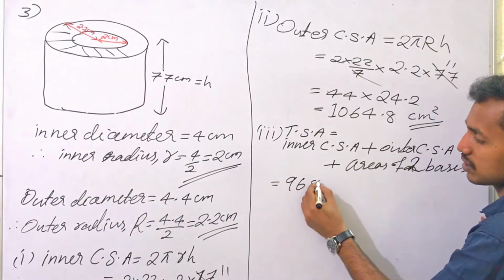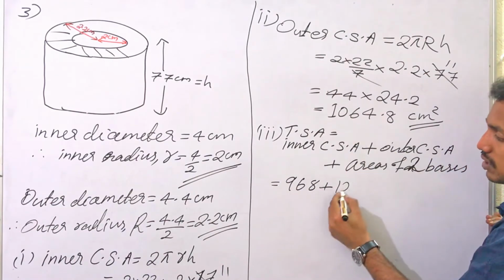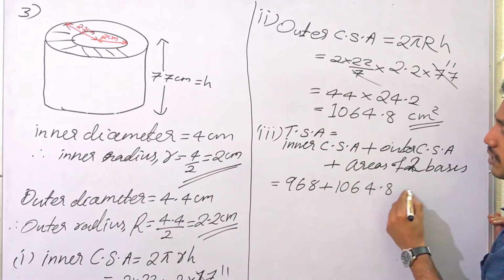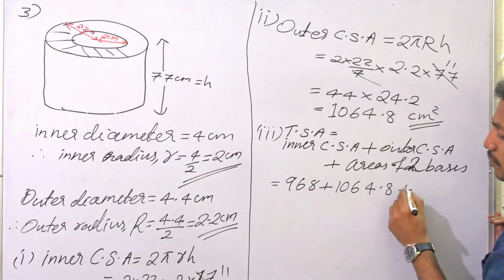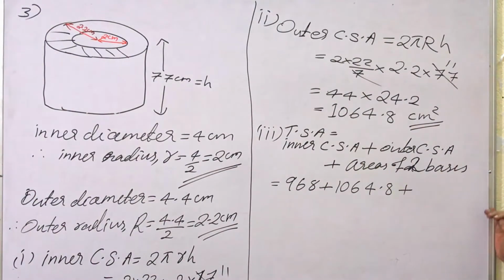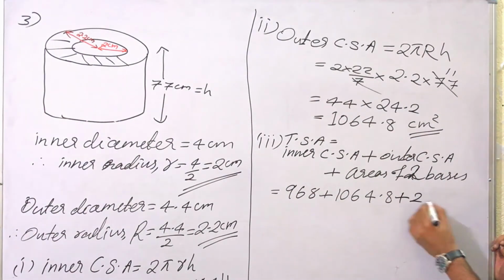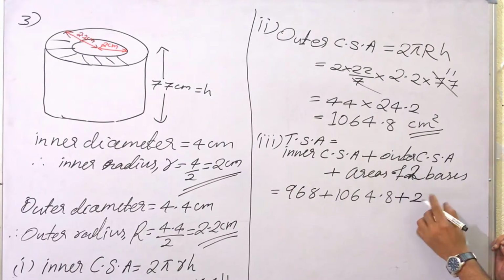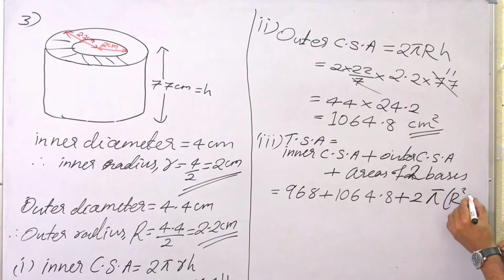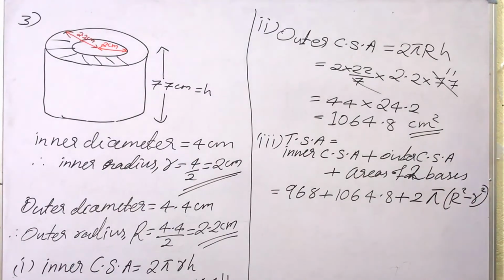Imagine 968 plus 1064.8 plus what will be the area of two bases? That means 2 into area of one base, which is pi into capital R square minus small letter r square. How does it come?